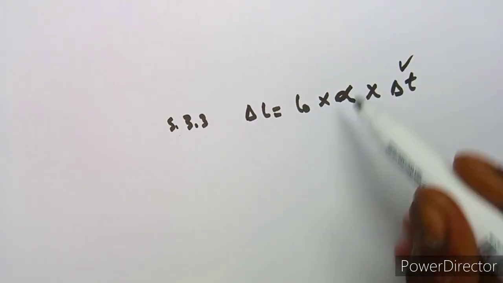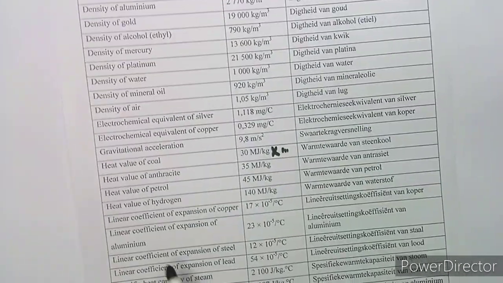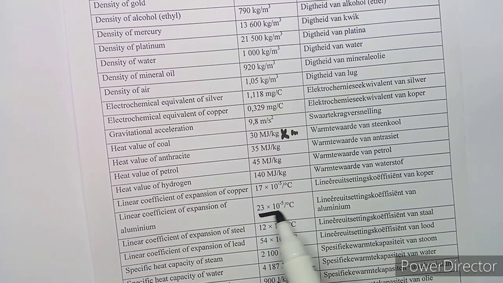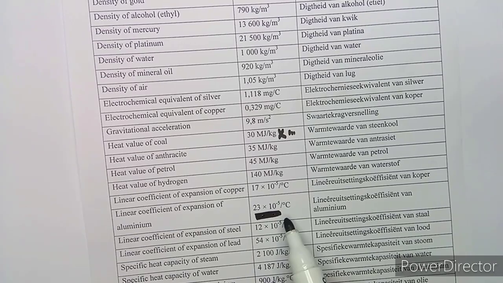We calculated this. So what we need is the linear coefficient of expansion of aluminium. For the aluminium, it is 23 times 10 to the exponent of -5. That is what you are given on your formula sheet.